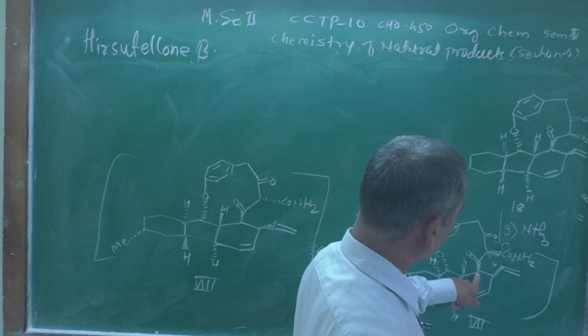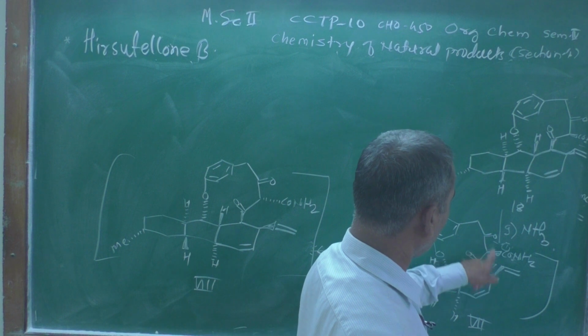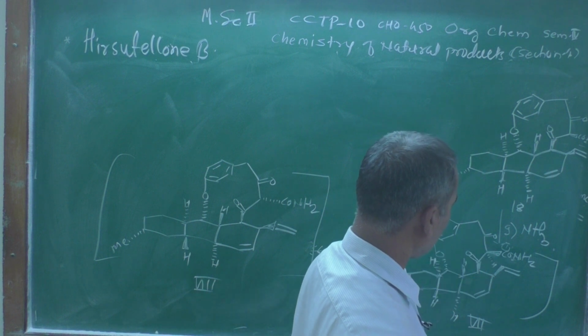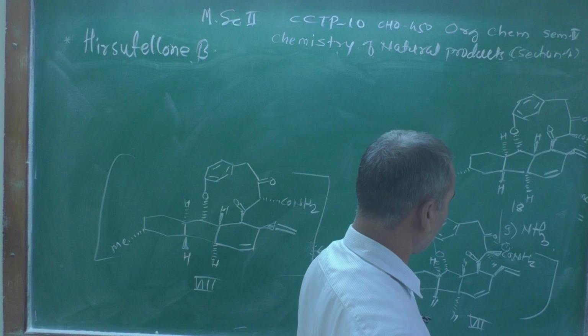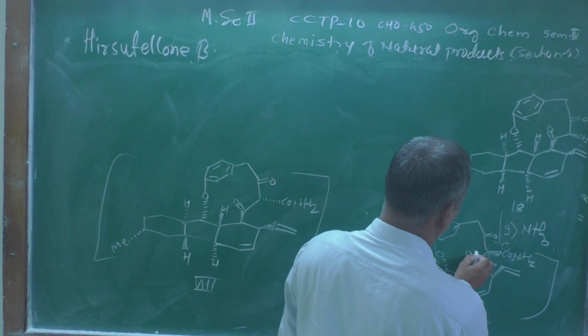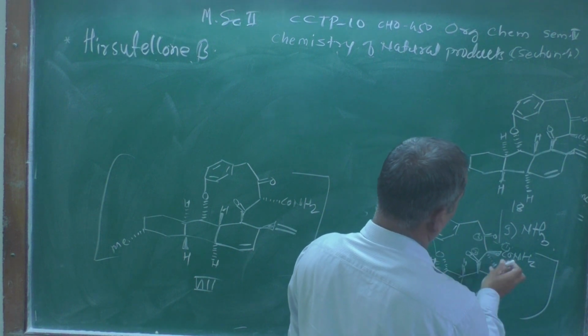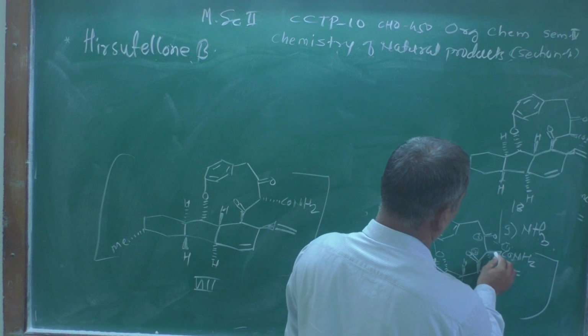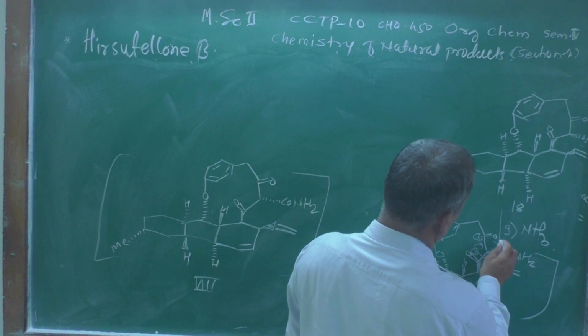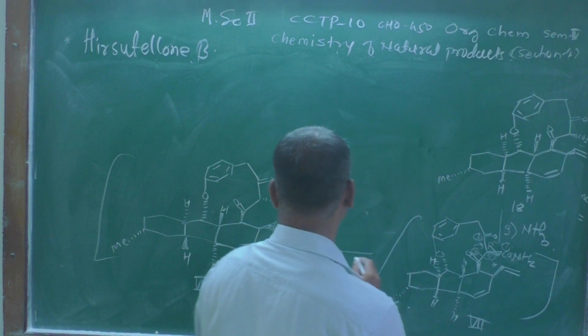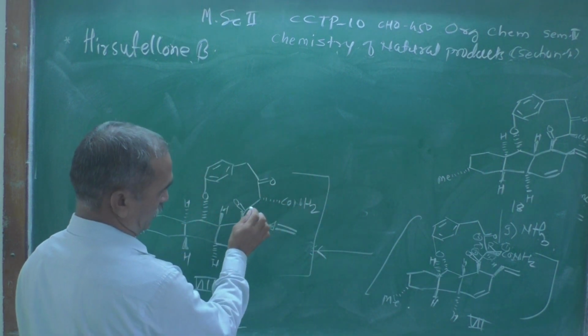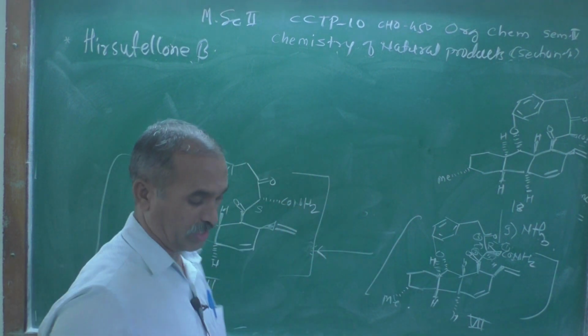Automatically, this is attached to a tertiary carbon, and CH2 means primary, so it should get second and this should be third. So 1, 2 and 3, this has an R configuration, and if you observe this, it should get an S configuration over here.